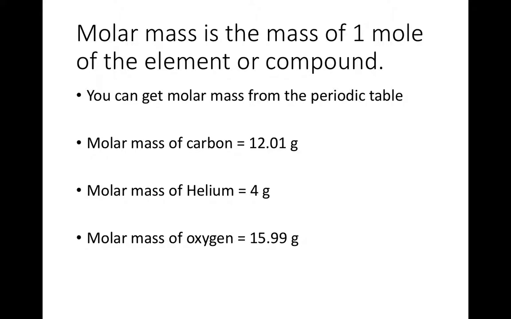Now, if you're asking yourself how you can take the same number of atoms, 6.02 times 10 to the power 23 atoms of carbon, same number of helium, and same number of oxygen, and they all seem to weigh different: what that simply means is oxygen atoms are bigger and heavier. So if I have the same number of them as helium, they're going to be heavier just because helium is so darn tiny.